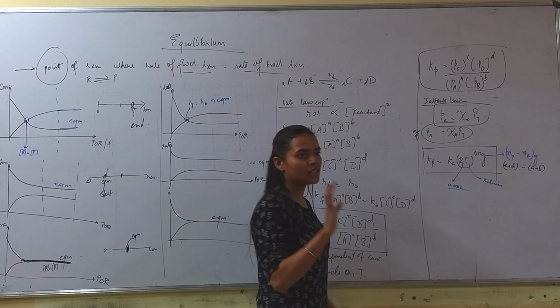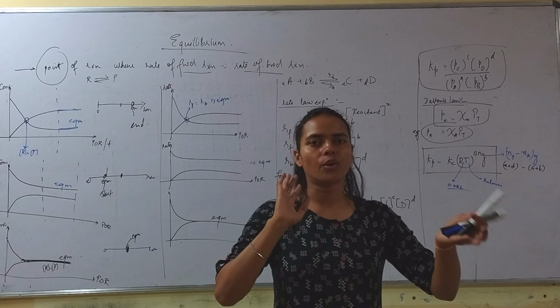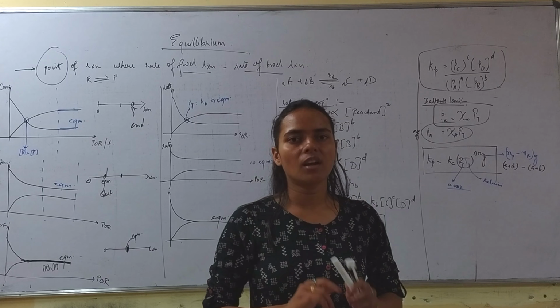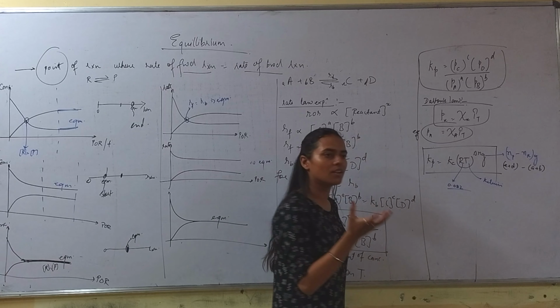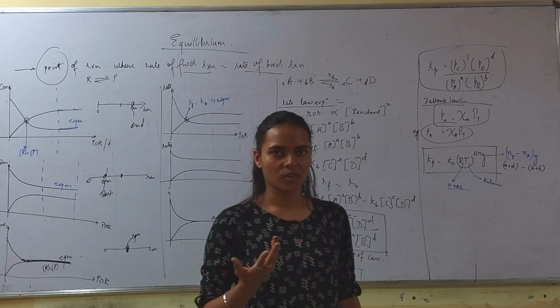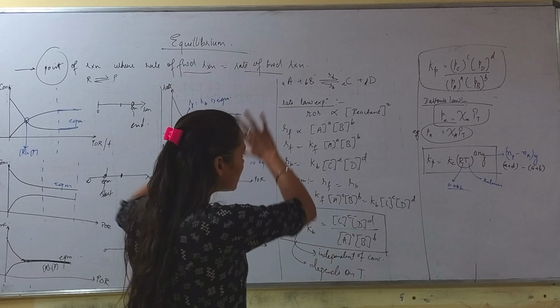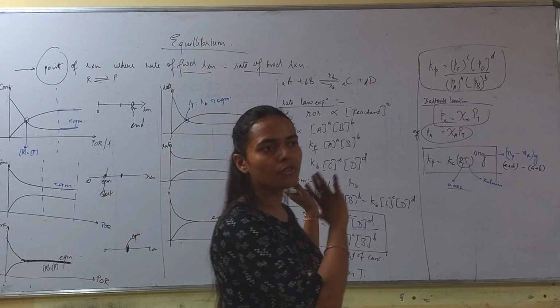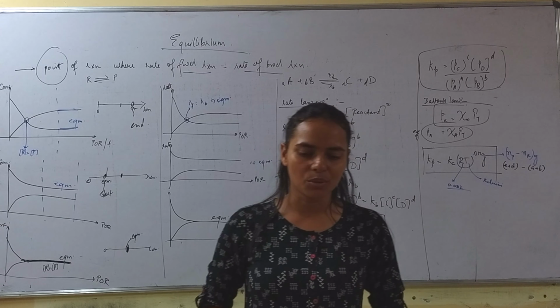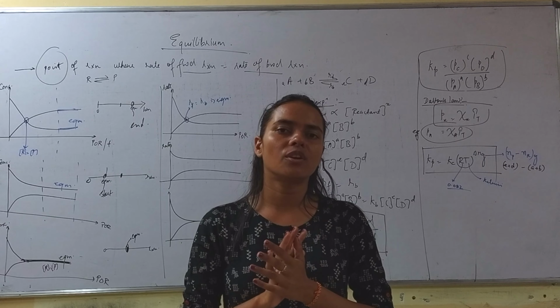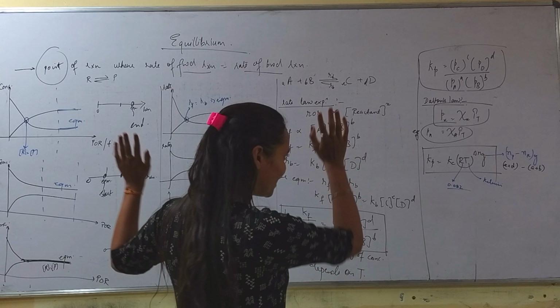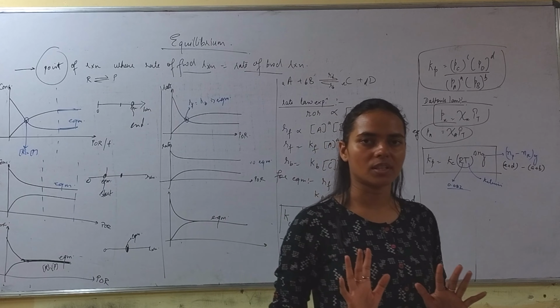Kp and Kc can be greater, lesser or equal to each other depending upon delta Ng, whatever we calculate over here. So these are some of the formulas and thoughts I have given you. Let us try some questions out of them and see whether we are able to apply this or not.